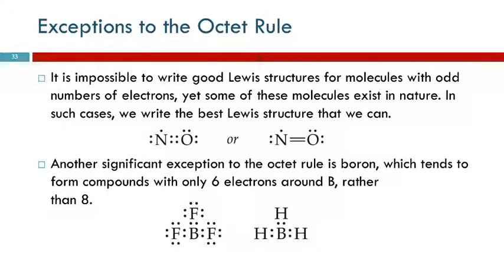You cannot make octets for both atoms with 11 electrons. So what you do is you just write the best Lewis structure that you can. The best thing that we can come up with is to do it like this, which, drawing those electrons as shared electrons as lines, would give you this. So one is going to have 7 and one's going to have 8.